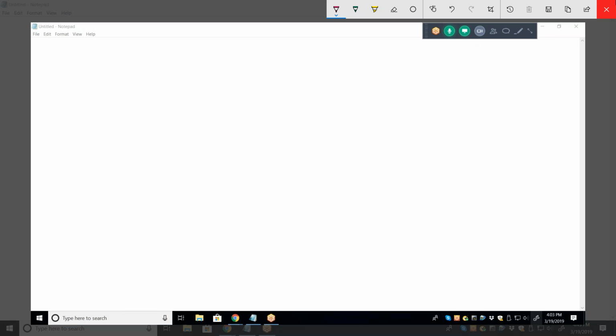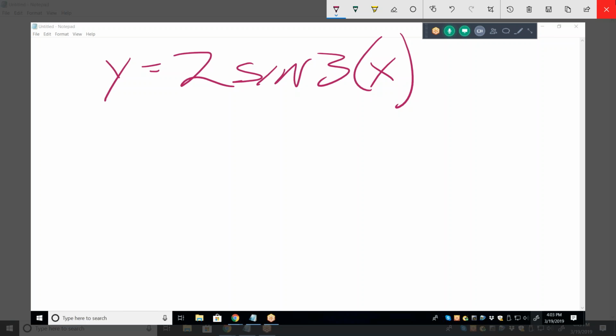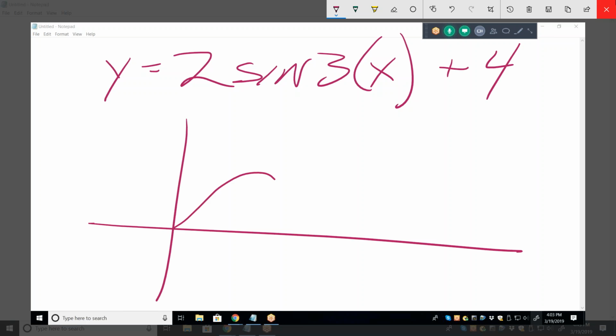In other words, these problems about the sinusoid function are one of two types. Either they're going to give you a function and say graph it, or they're going to give you a graph and say find the equation of that.